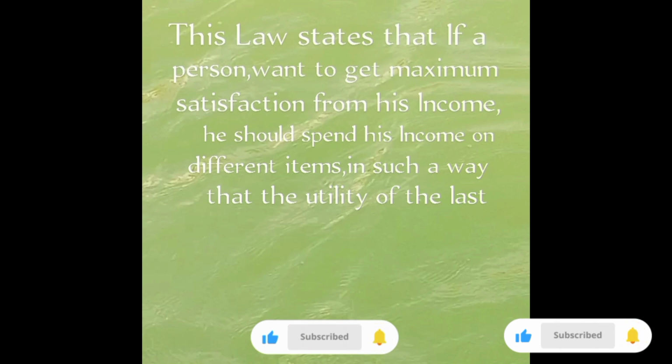This law tells us how we can get maximum satisfaction while allocating our limited resources on different items.